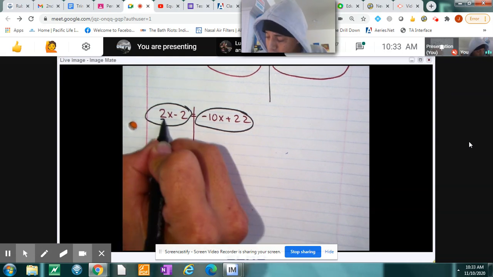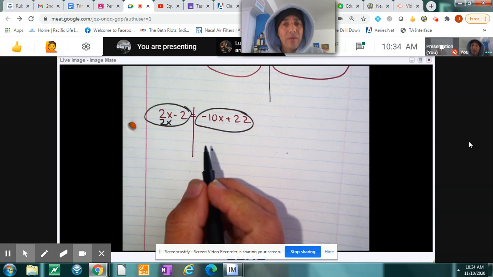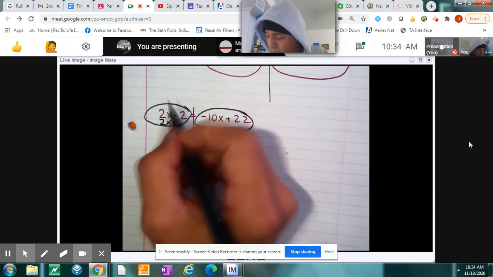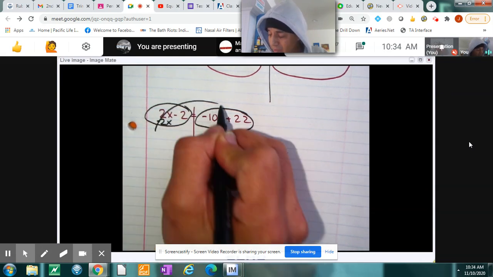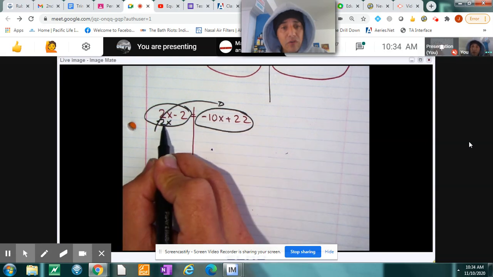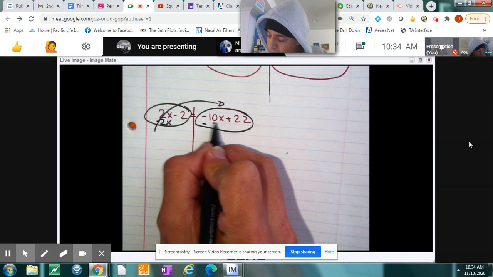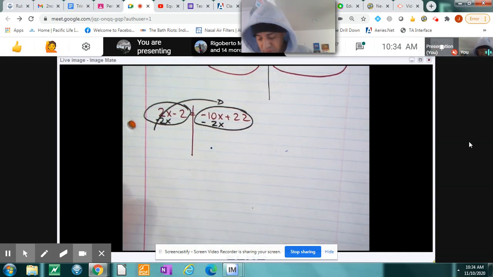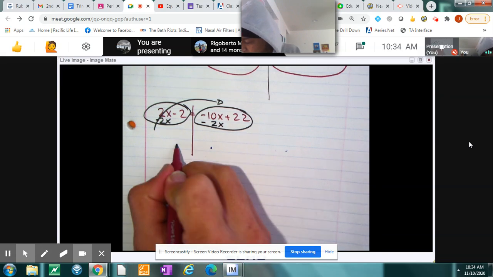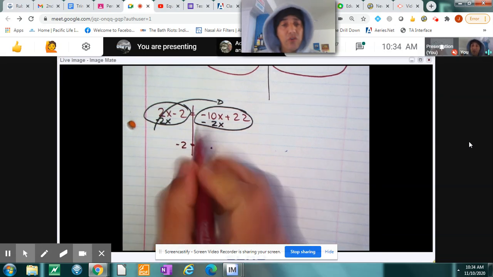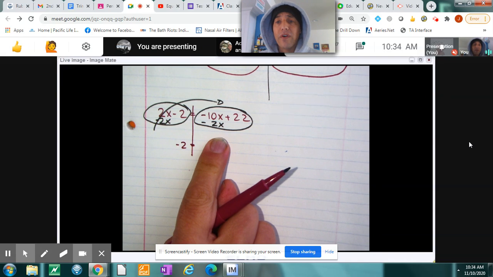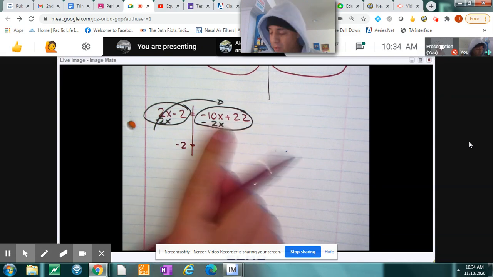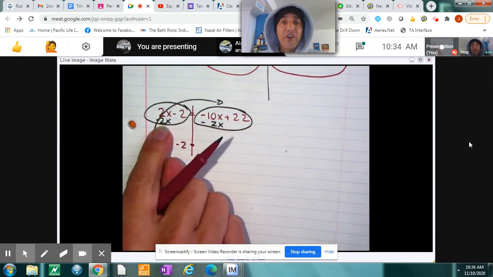If I put plus 2x, that's 4x, but I want 0, so I have to put a negative. So that makes it 0. Then if I put a minus 2x, I have to put it right here too. See that? So then what comes down? Minus 2. Whoever already found an answer, did you do it this way? Did you take out the minus 2x first?